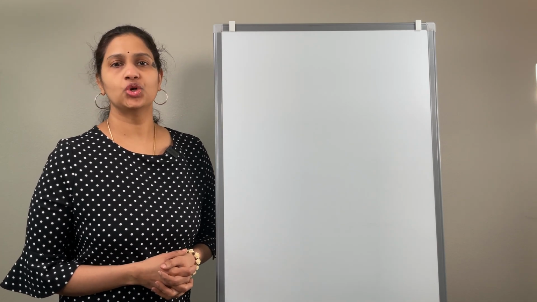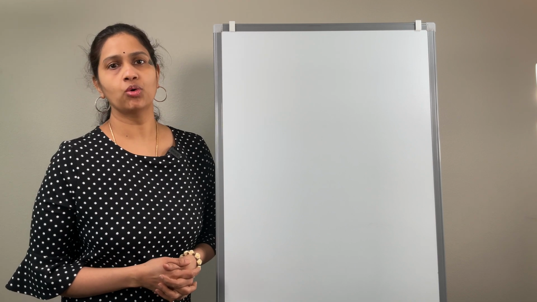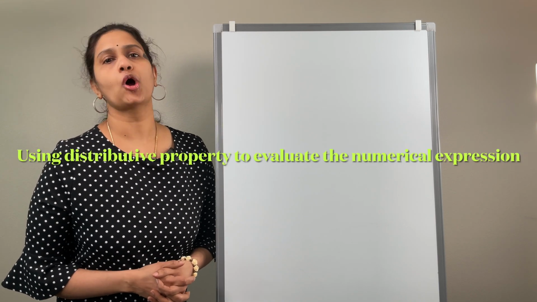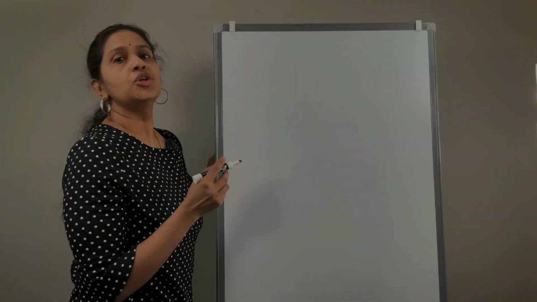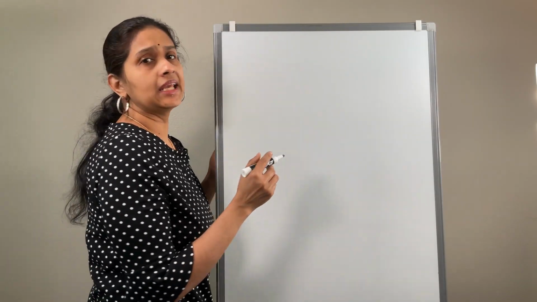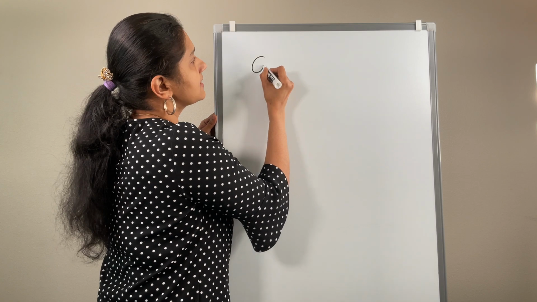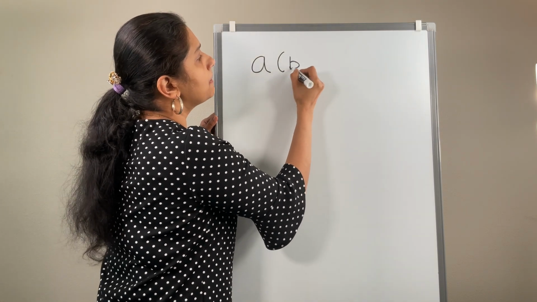In today's video, we are going to discuss using the distributive property to evaluate numerical expressions. Usually, the distributive property is expressed as A times (B plus C).